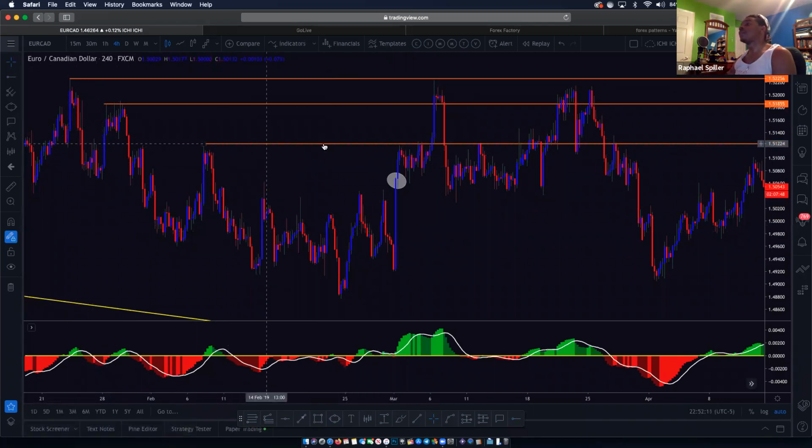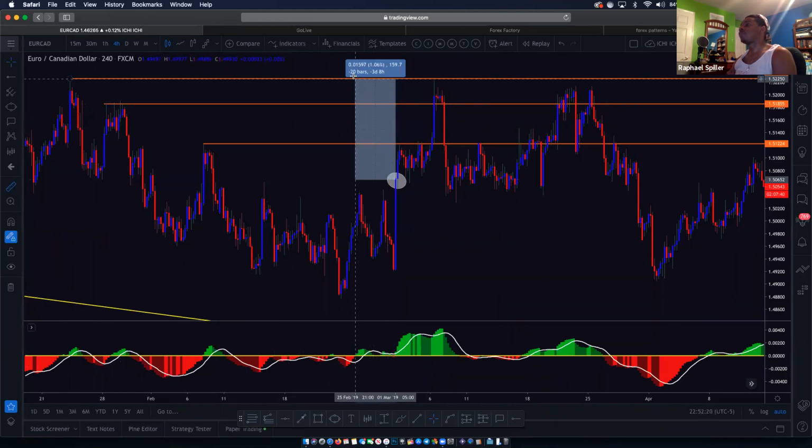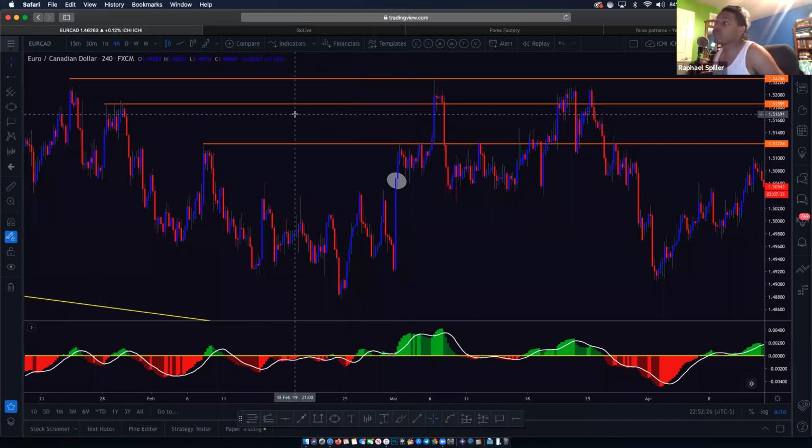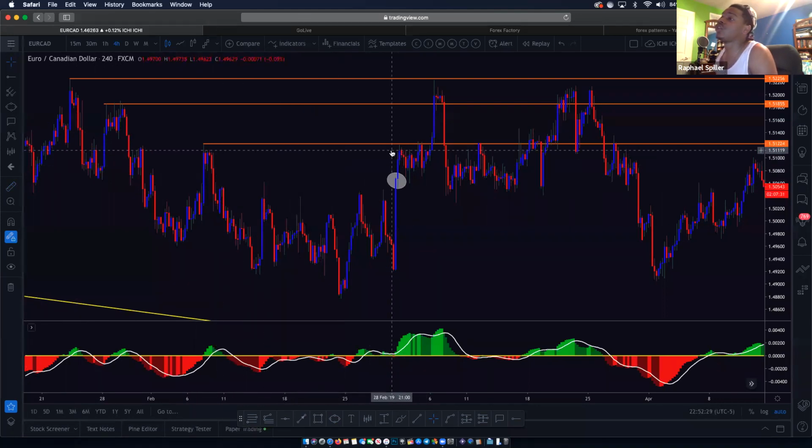These are my next resistance levels. That's my TP. So I would have a 50 pip, 120 pip, or 160 pip profit margin or gain, or TP, whichever one you want to call it. That's just your next take profit.